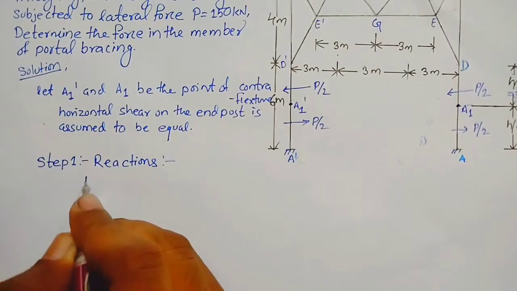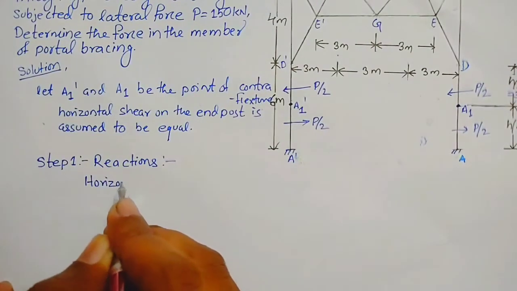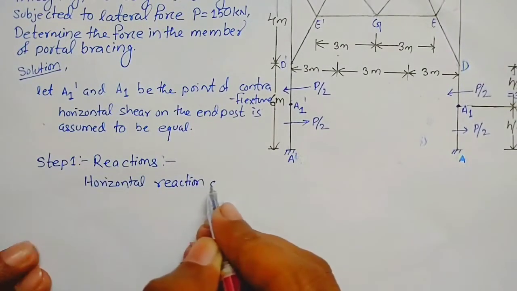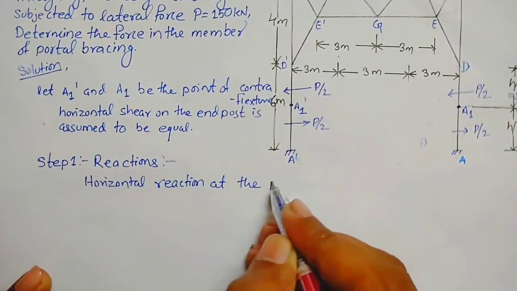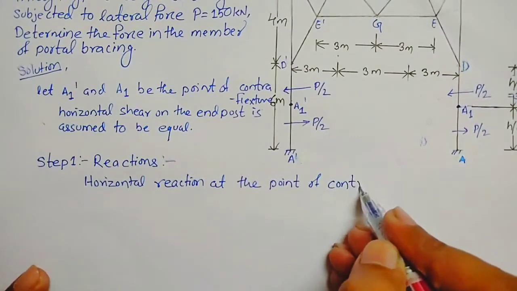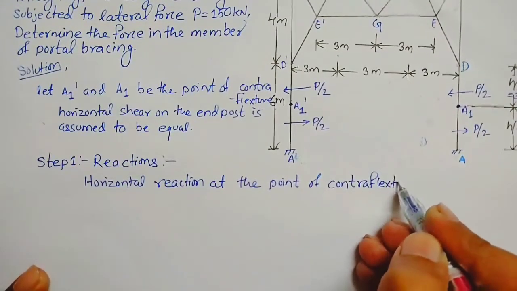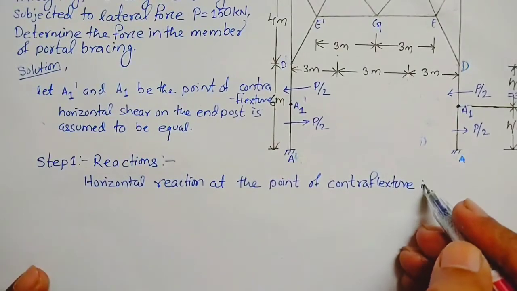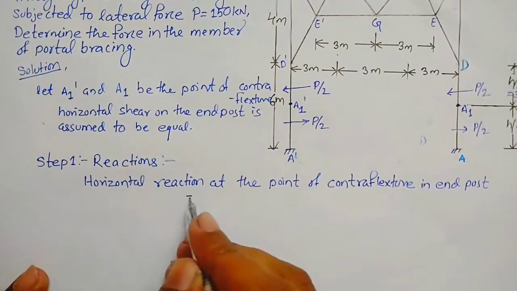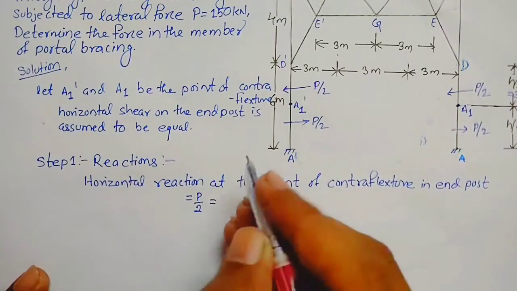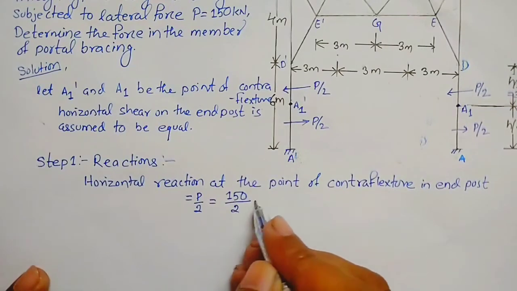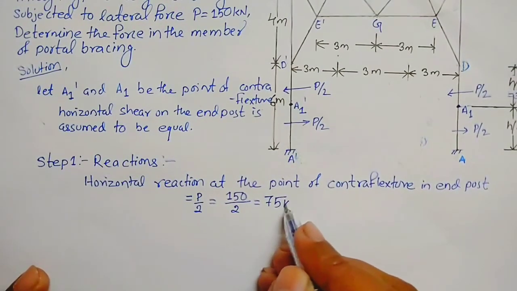So let us write down the horizontal reaction at the point of contraflexure in the end post will be equal to P by 2, means our P, the horizontal lateral force, is 150 kilonewton, so 150 by 2 means 75 kilonewton.